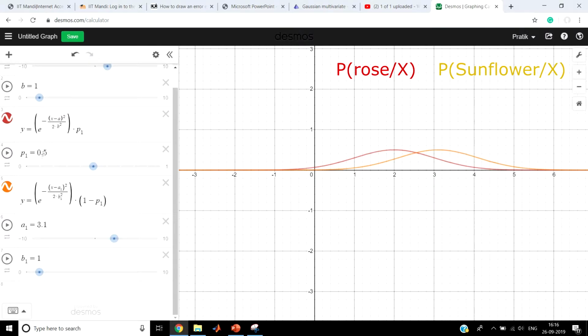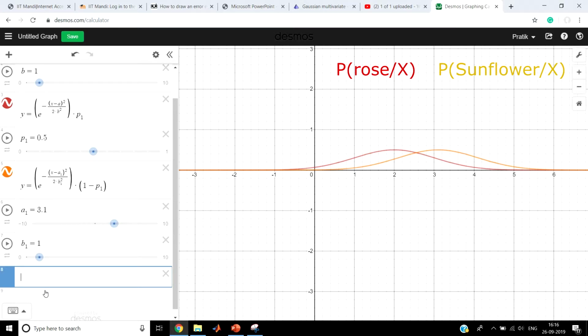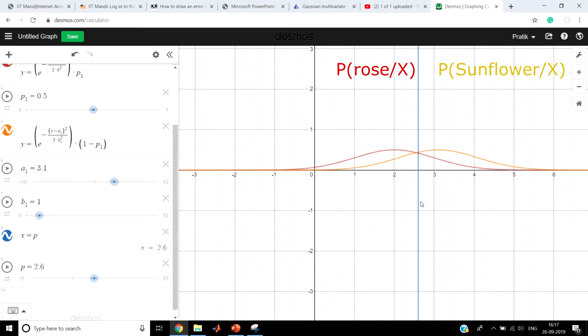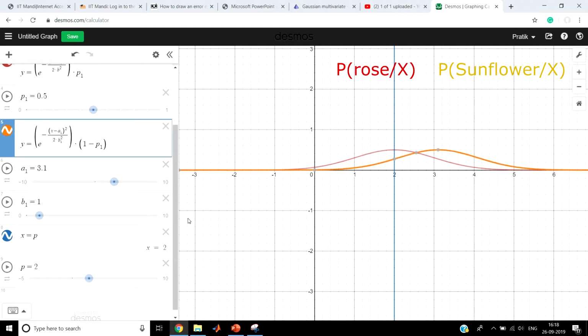Now currently I have kept the prior as 0.5. So the prior is the same. Let me define a discriminant. This is the kind of discriminator that I was talking about. Here in the test sample, I can take any value of x.